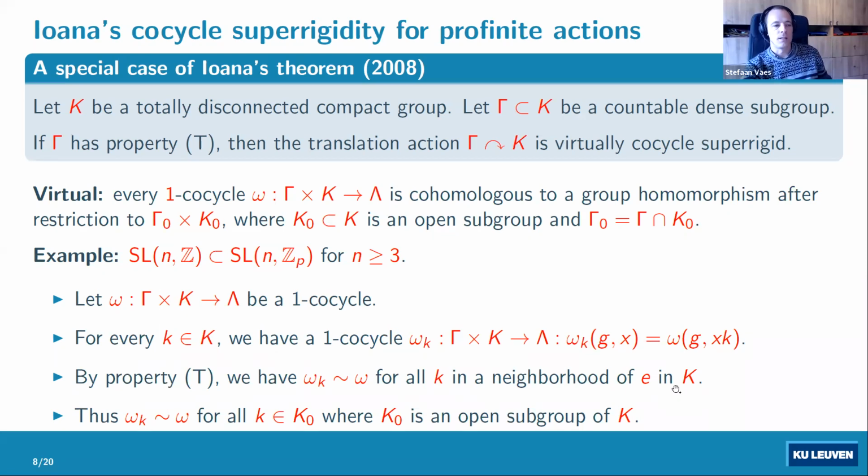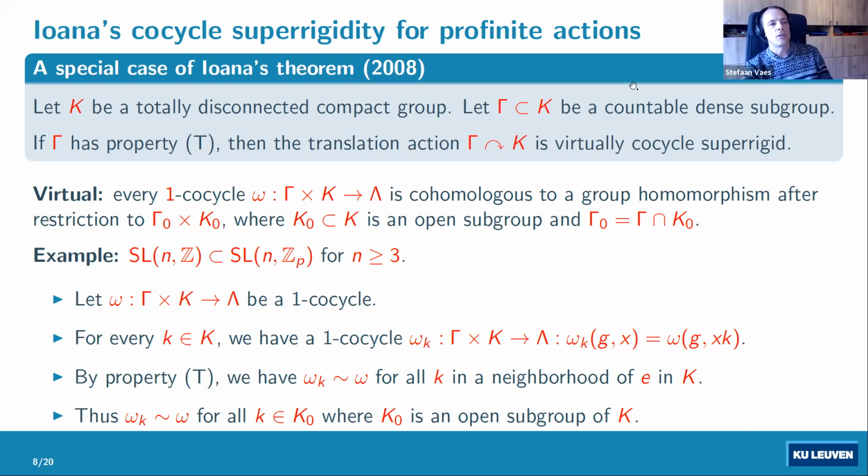Now we are in a totally disconnected setting. So this does create an open subgroup K0 such that omega_k is cohomologous to omega for all k in such an open subgroup. And then again, you have to work, but you have found your open subgroup and you can believe that you have untwisted the cocycle on this open subgroup. So that's the essence of Ioana's theorem.